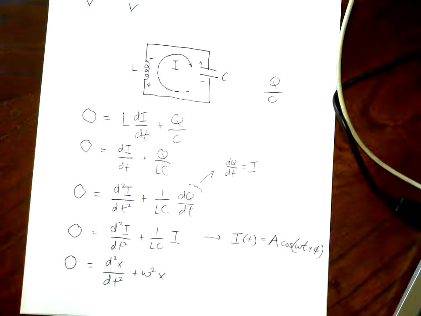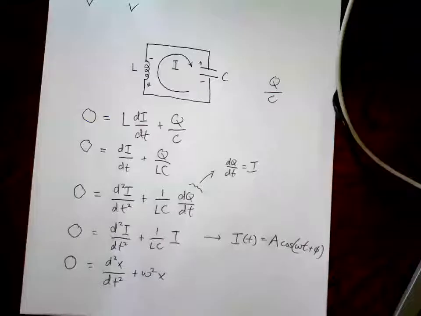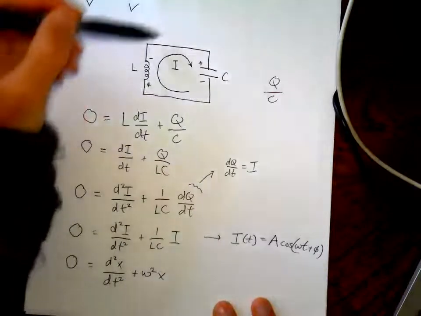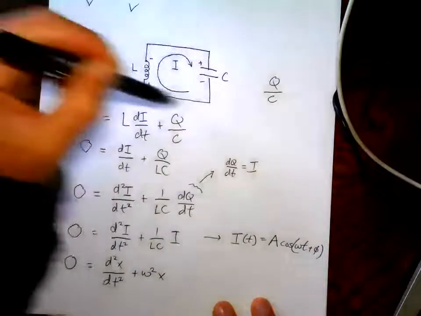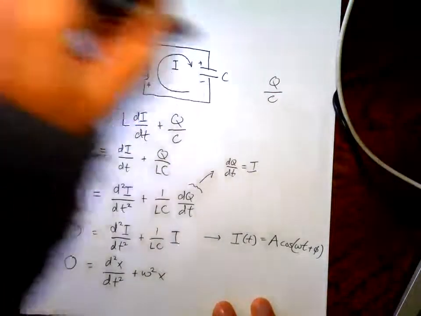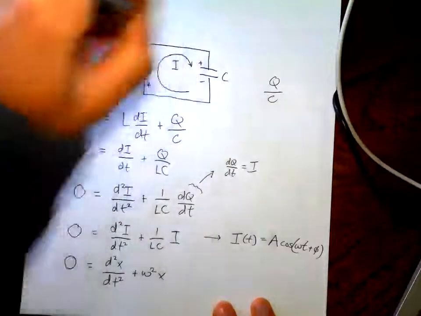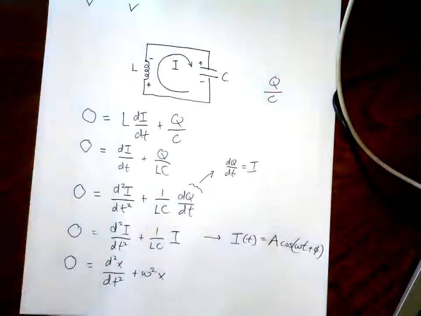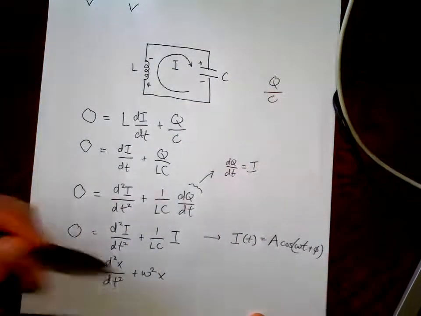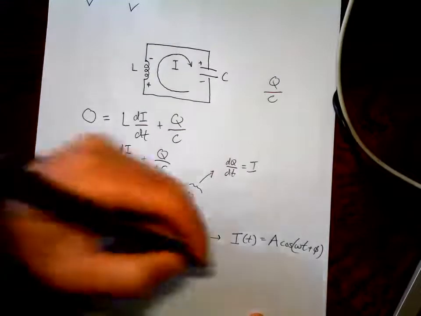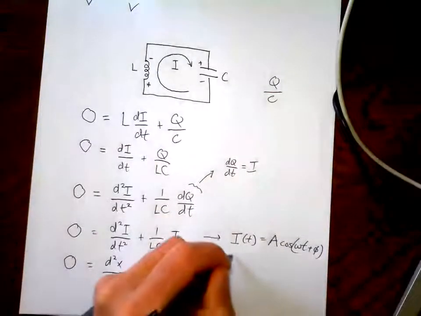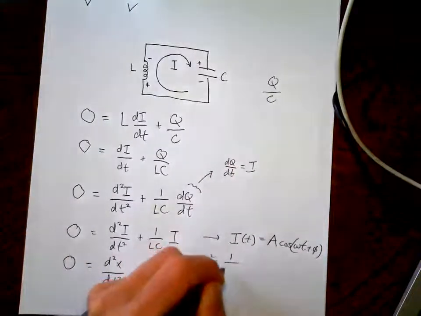Current undergoes simple harmonic motion. When the current is positive, it's going around one way, and when it's negative, it's going around the other way. So the current kind of sloshes around. By comparison, we can see that omega squared is equal to 1 over LC.